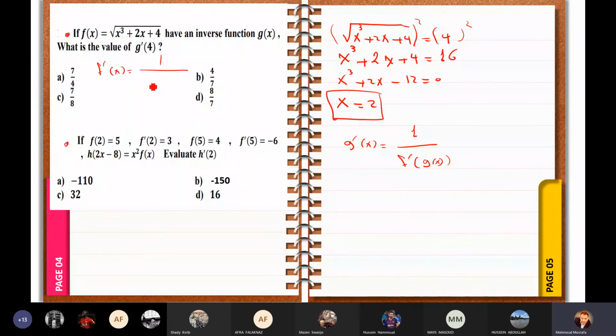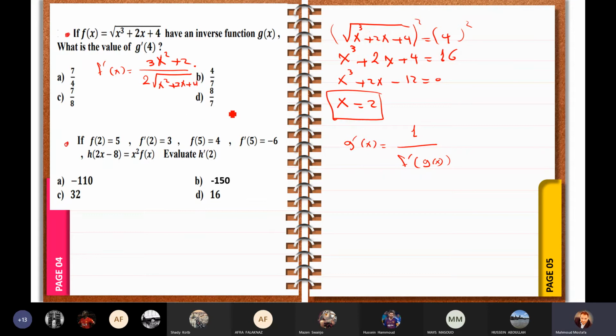One over 2 square root of x cubed plus 2x plus 4, multiplied by the derivative of x cubed plus 2x plus 4, which is 3x squared plus 2.